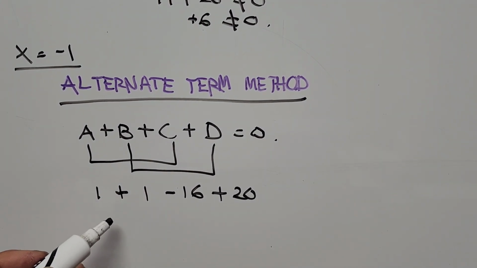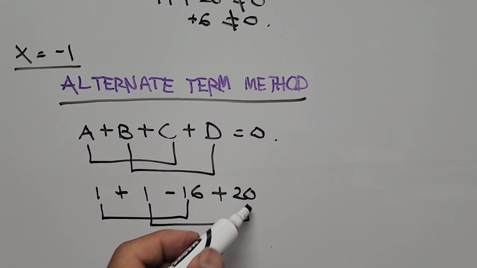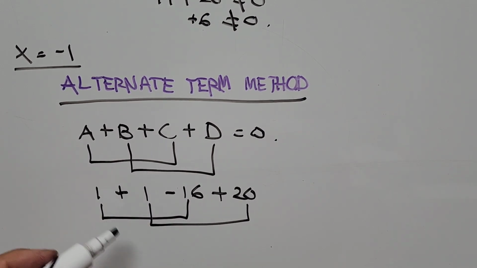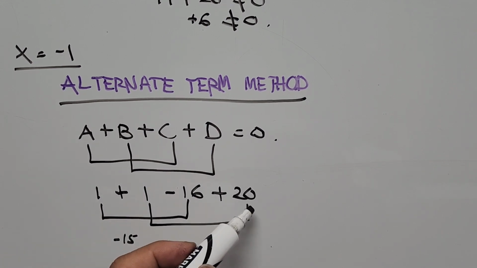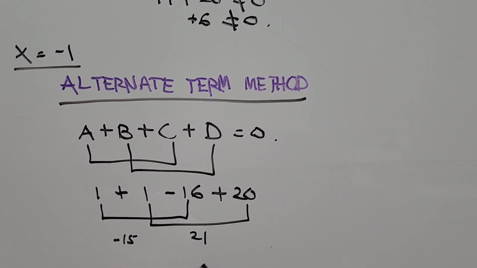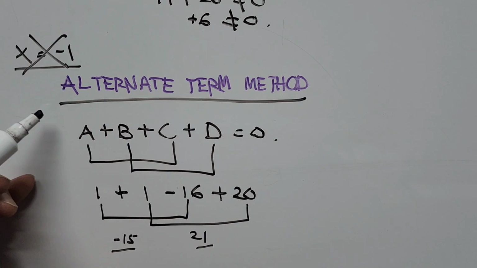So we'll take the alternate terms here and here. So we add 1 minus 16, negative 15. And 1 plus 20, that will be 21. So these are not the same. So x equals negative 1 is not one of the solutions.